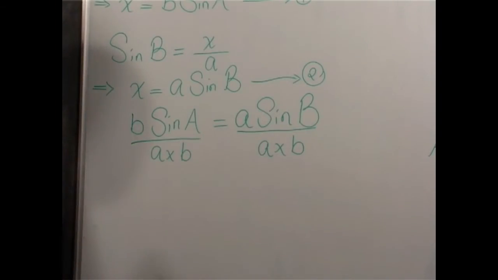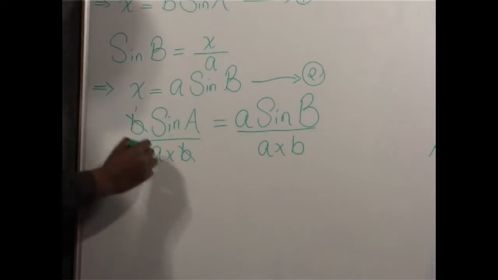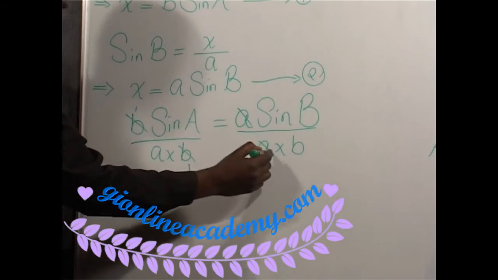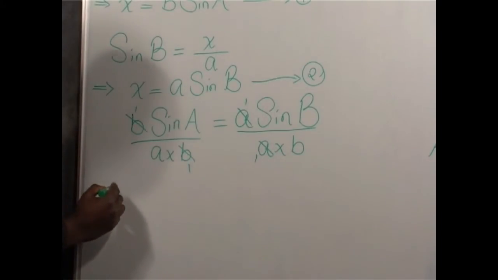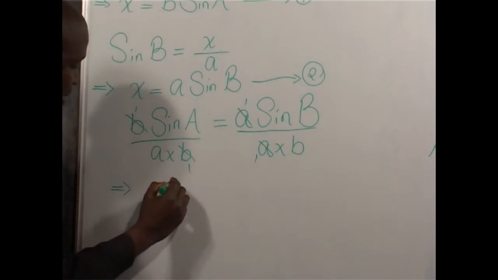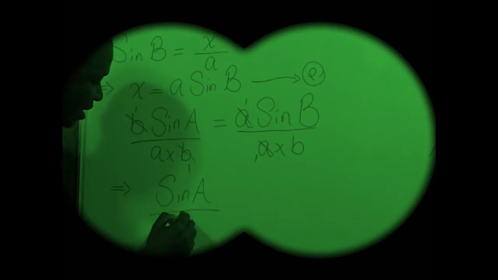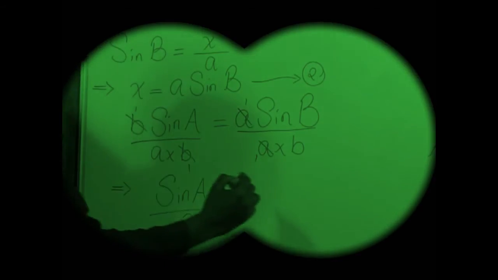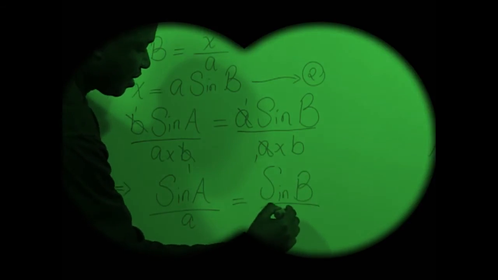It is very clear at this point that b and b will divide to give us 1 there and 1 there. On the right hand side, a and a will divide to give us 1 there and 1 there. Meaning, on the left hand side, the expression will be sine a divided by a, which is equal to, on the right hand side, the sine of b divided by b.